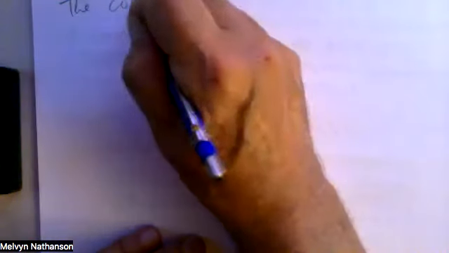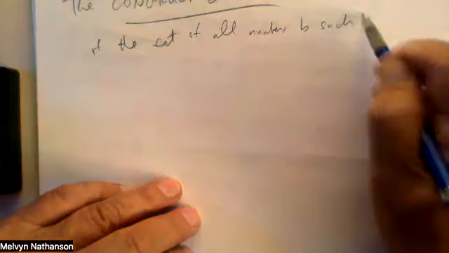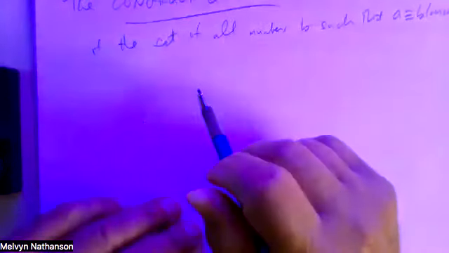What is called the congruence class of a, lowercase a, modulo M is the set of all numbers B such that A is congruent to B mod M.